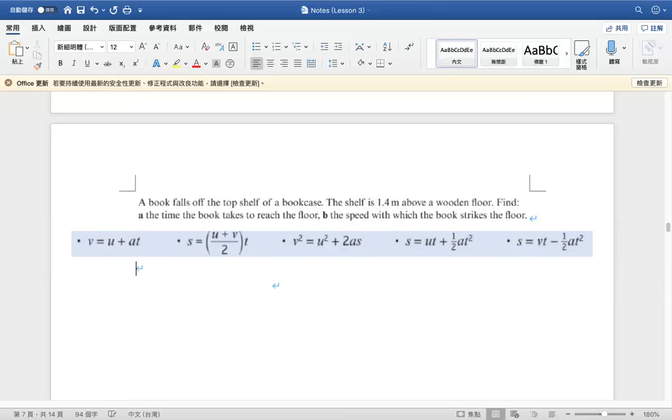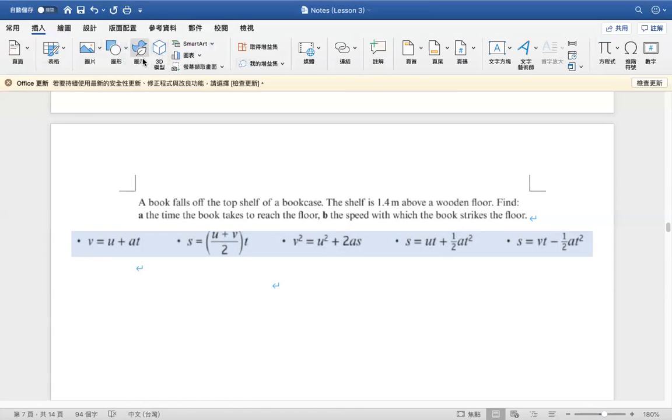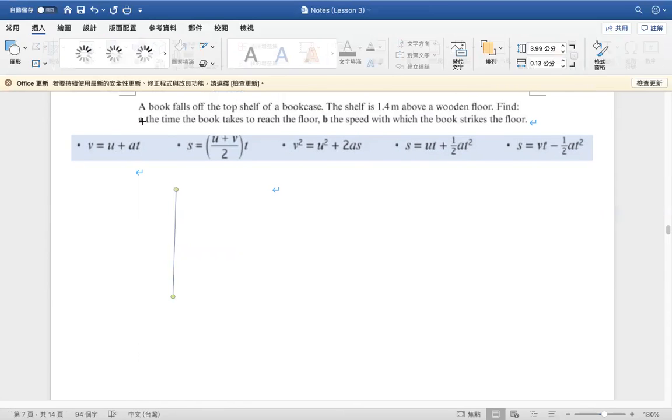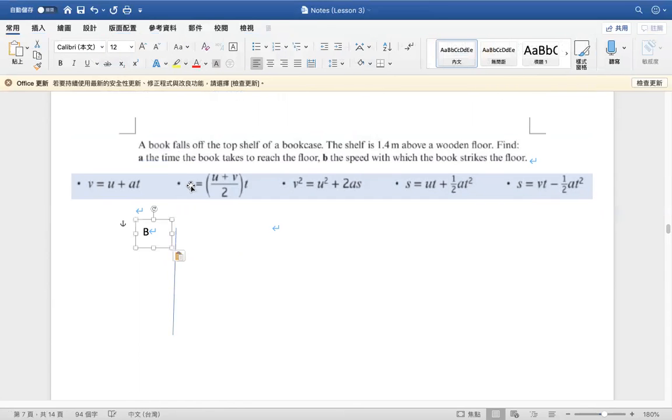First of all, let's draw the picture. The main point is that the book falls from a certain distance from the ground, which is 1.4 meters. So we have this is 1.4.